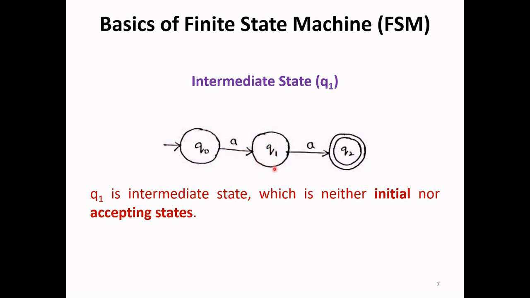Again, from Q1 for input A, it is going to Q2. So, till now we discussed how to represent initial state or start state, final state or accepting state, intermediate state, and a path from one state to another state through an input symbol represented by sigma.